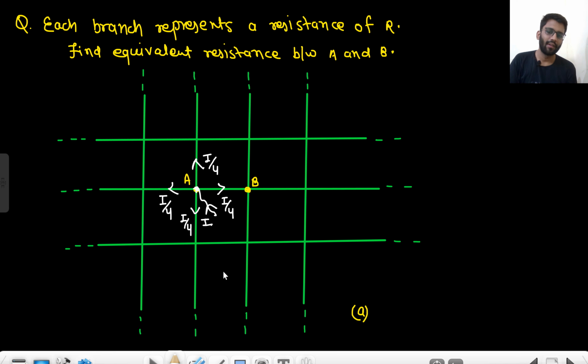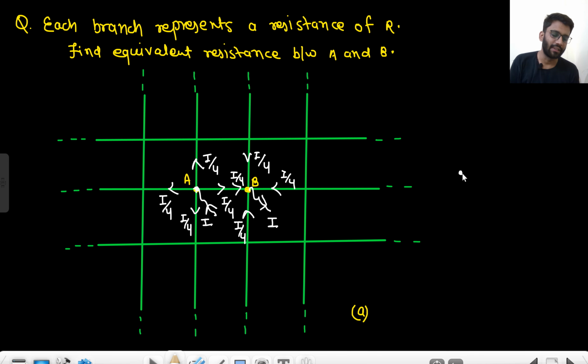Now we will consider a current source at B as well, that is getting out, right? This current I is getting out. That means some I by 4 current would be coming from here, some I by 4 from here, some I by 4 from here, and some I by 4 from here.